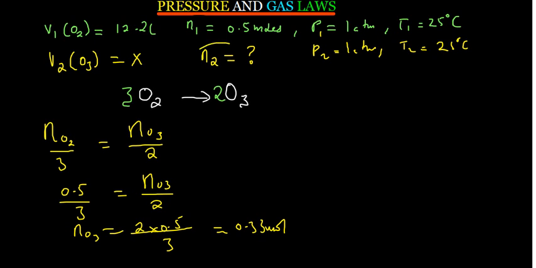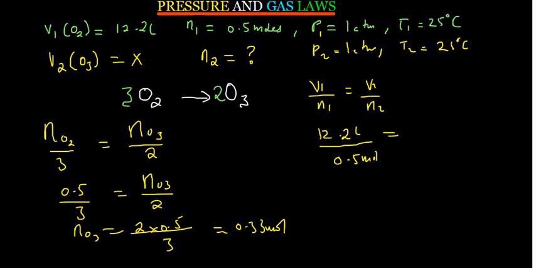Now that we know the number of moles of ozone, what equation can we use to find the volume given the number of moles? We are going to use Avogadro's law. And from Avogadro's law, we know that V1 over N1 is equal to V2 divided by N2. So V1 in this case is already given, that is 12.2 liters. N1 is 0.5 moles.